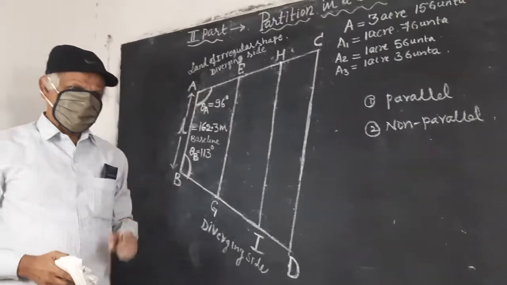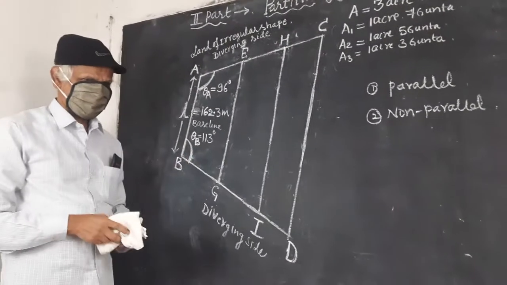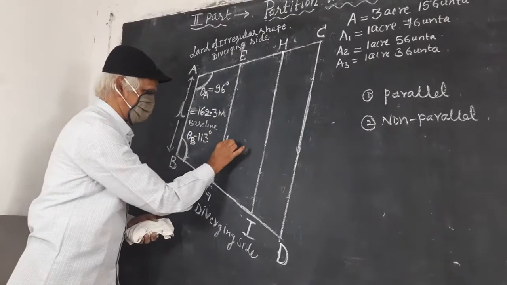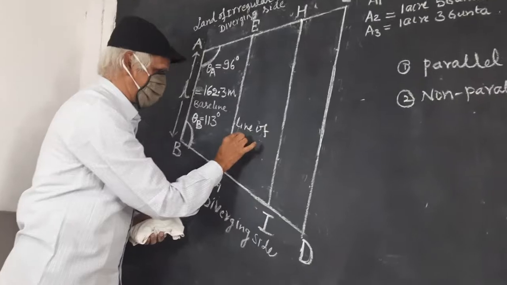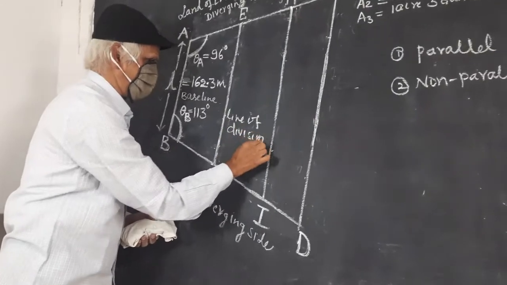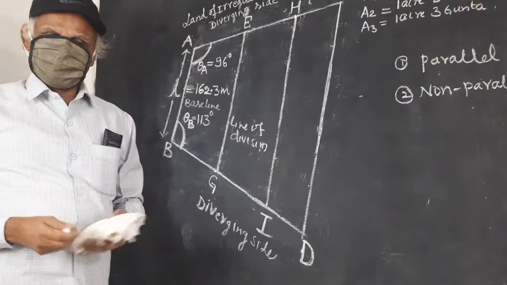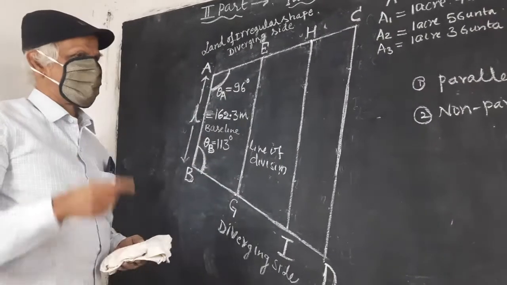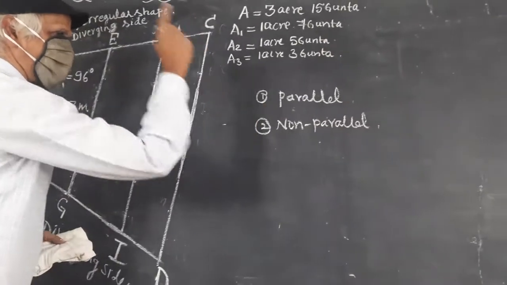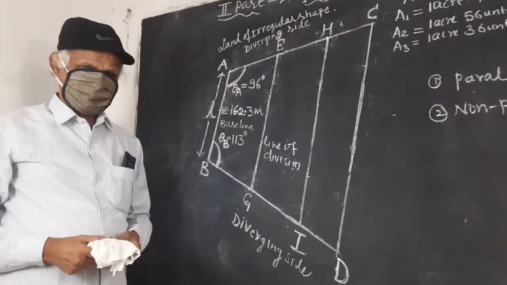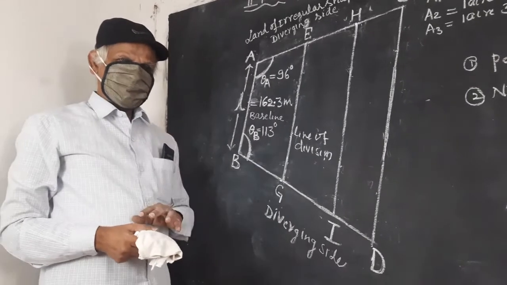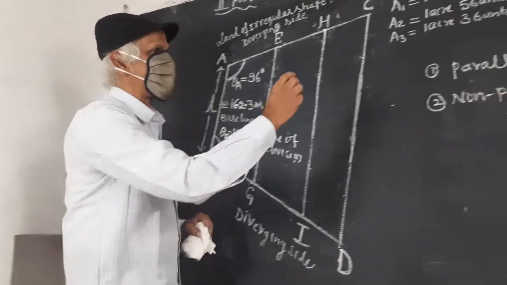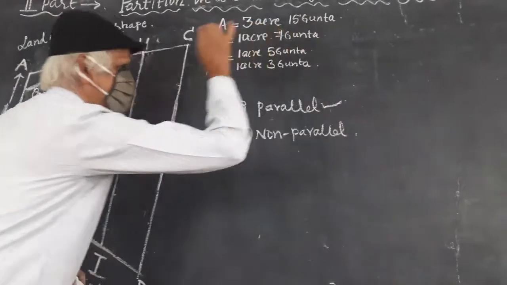Parallel partition is one in which the line of division is parallel to base line. If it is not so, then it is non-parallel partition. So in this video, I will discuss only parallel partition.